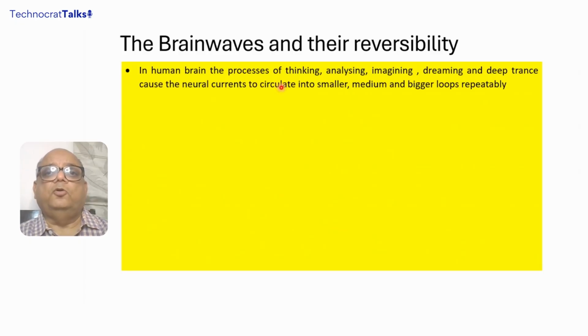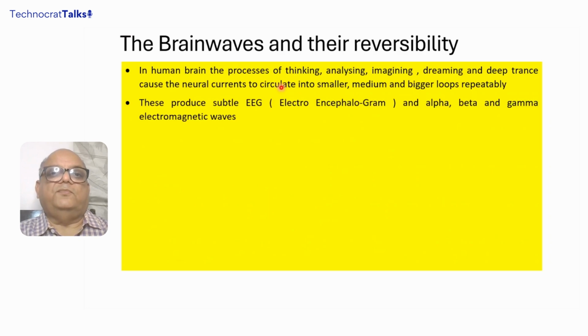Those can be smaller, medium sized, or bigger loops, and they keep flowing repeatedly. In very small micron detail, one can't decipher them. But if somebody puts an electrode and senses the electromagnetic signals coming out, we get certain brain waves, which can be recorded on an electroencephalogram as alpha, beta, and gamma waves.